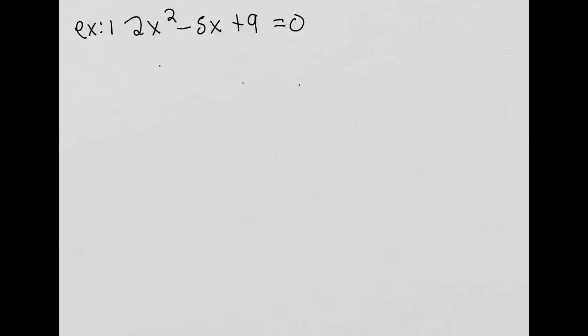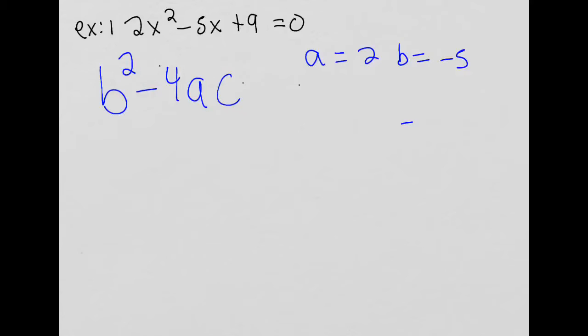I am given a quadratic equation and I'm asked to use the discriminant to determine the number and type of solutions I will get. Again, it's always good to write down the formula. So the expression is b squared minus 4ac. Based on the given quadratic, a is 2, b is -5, and c is 9.